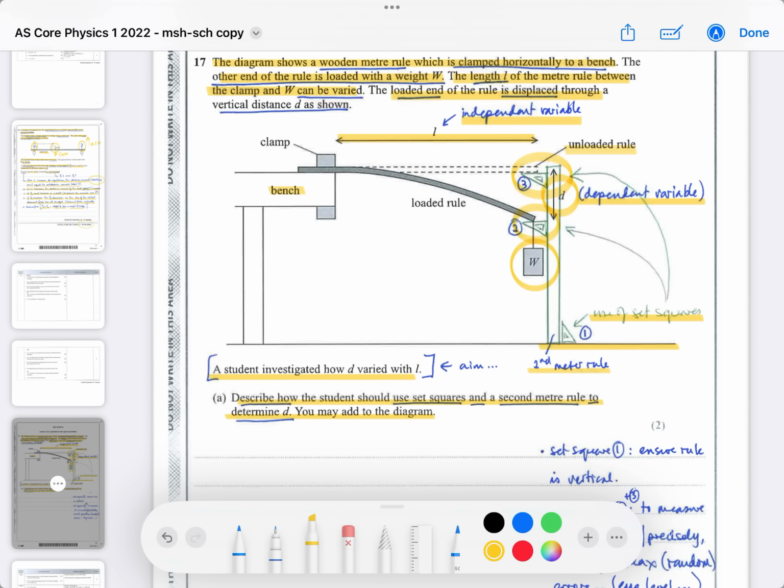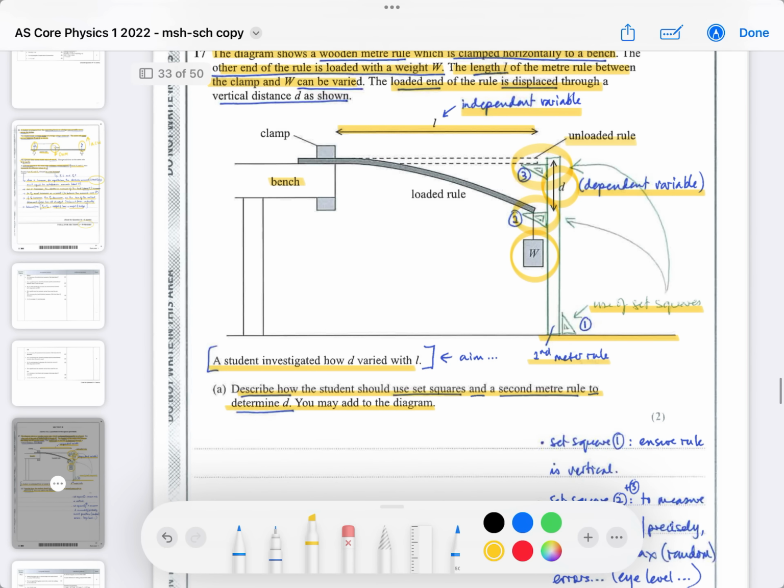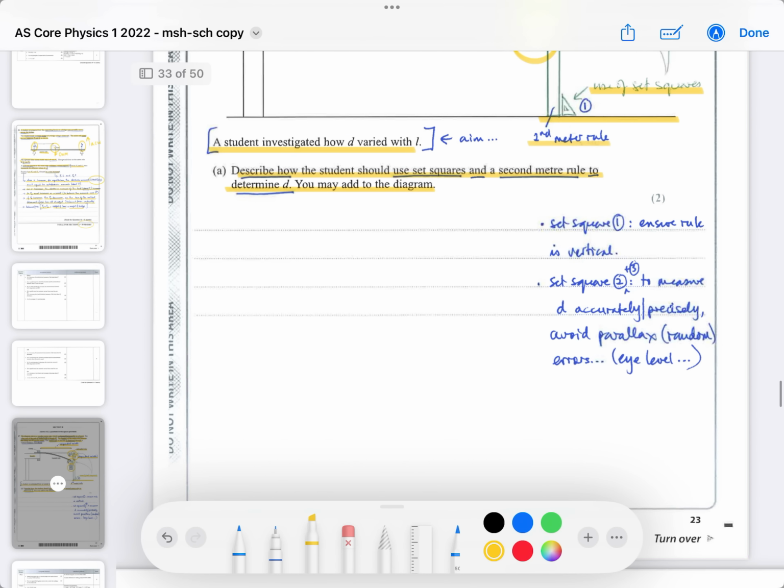So that's a very good way of showing that you know how set squares are used. So whether you're doing linear or modular, this skill is required. So set square 1 to ensure ruler is vertical, set square 2 and 3 to measure D accurately from the starting point, and to avoid parallax, which is a form of random error. You need to get to eye level, and the set square ensures that you're measuring at eye level to the correct position of the ruler to the nearest millimeter if possible, and that will get you 2 marks.